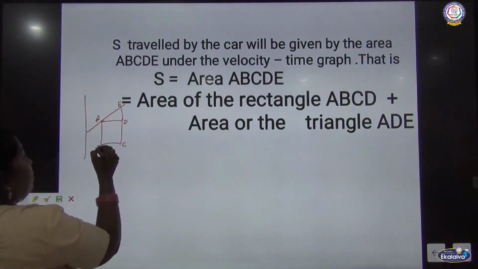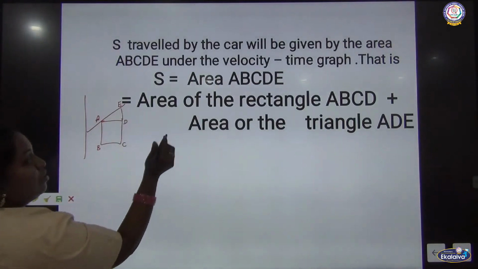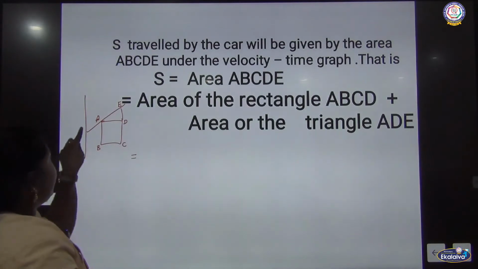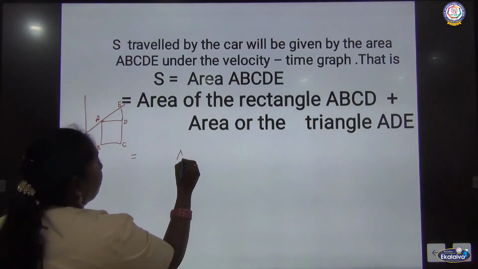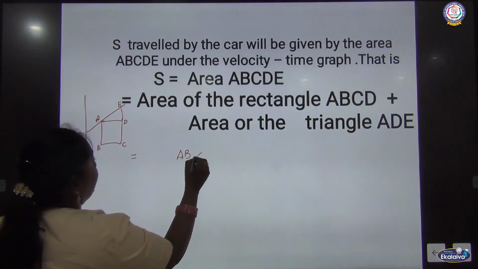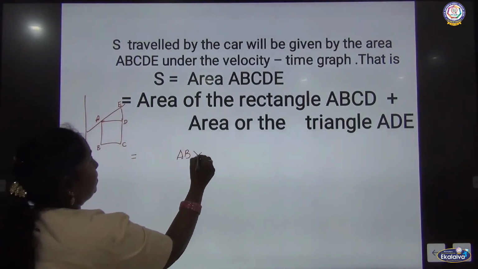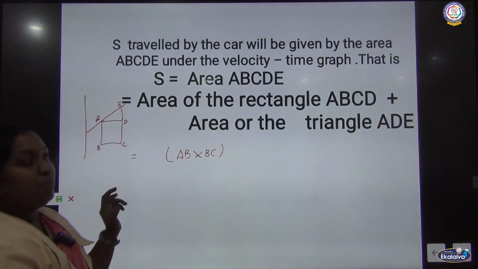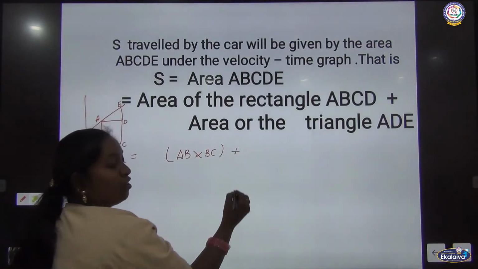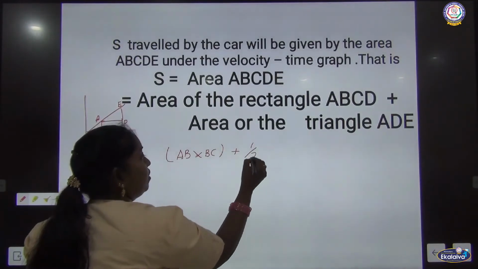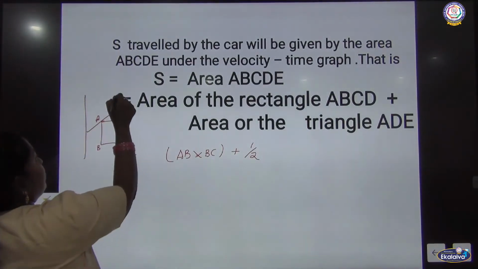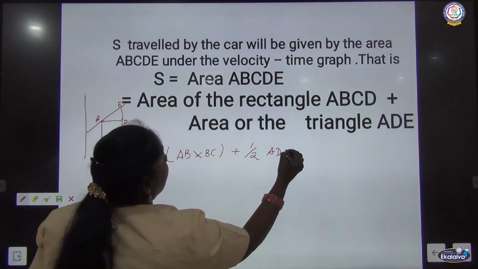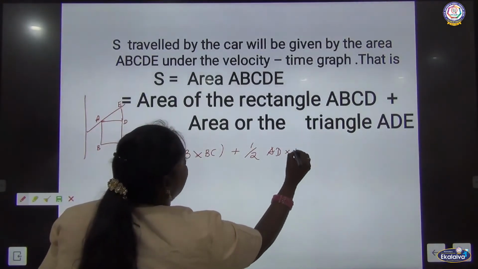See here, ABCD and triangle ADE. How do you write the area for the rectangle first? AB into BC, plus area for triangle, half into AD into DE.